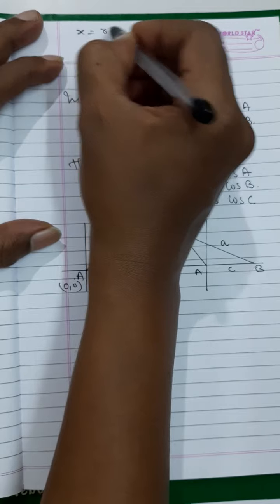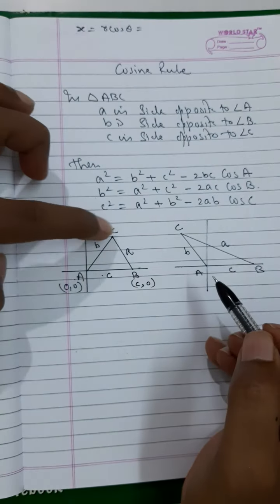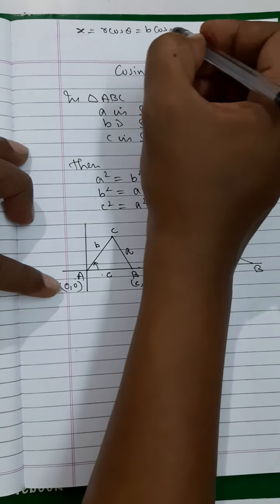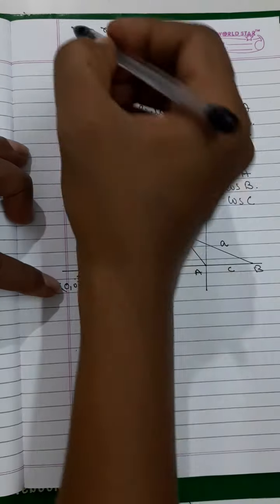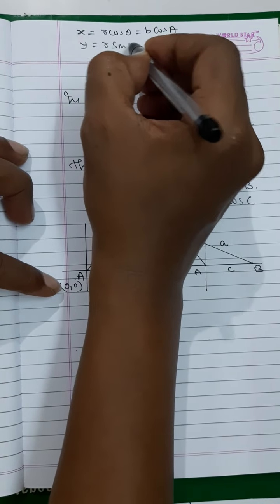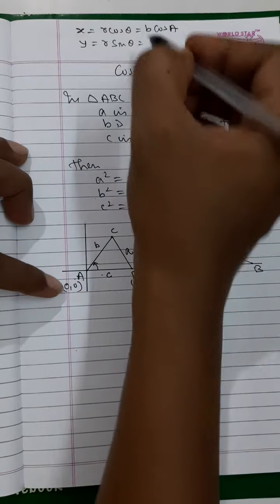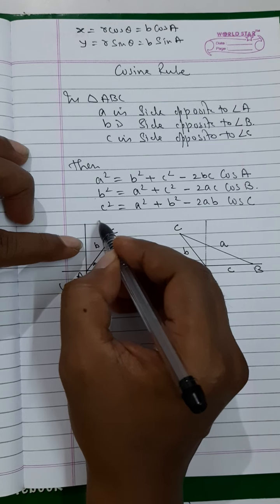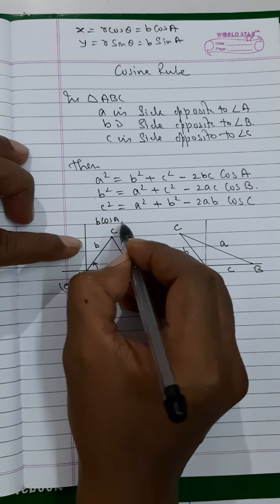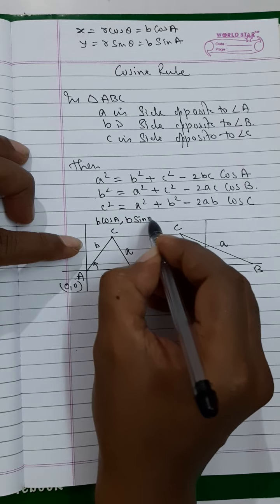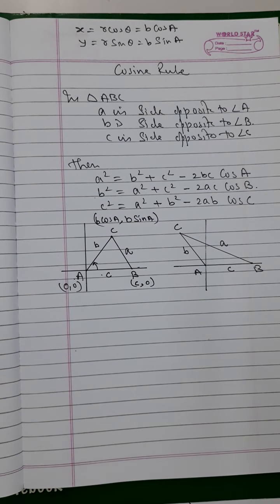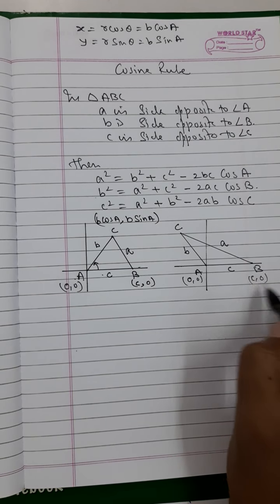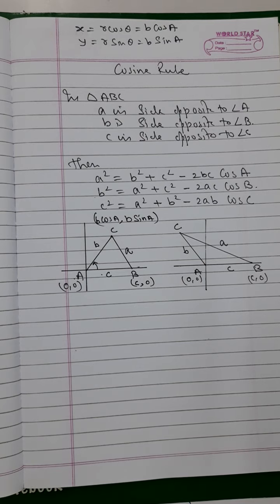The x coordinate will be equal to r cos theta, where for C, r is equal to b and theta is angle A. And y will be equal to r sin theta, so r is still equal to b sin A. So the coordinates of C are b cos A, b sin A. It is the same over here: A is 0, 0, B is c, 0, and C is the same for both. So we have to write everything over here.